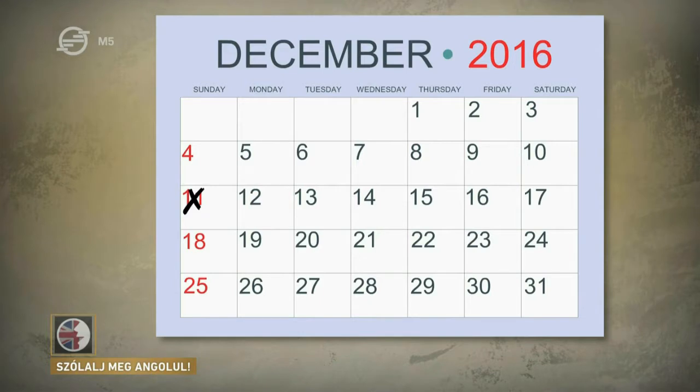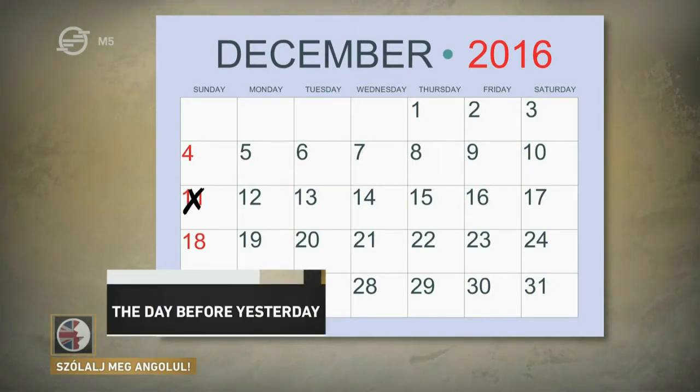Well, think about it logically. When we went in the other direction, what happened? After tomorrow, we get the day after tomorrow. So, logically, what do we get before yesterday? That's right, the 11th of December is the day before yesterday.